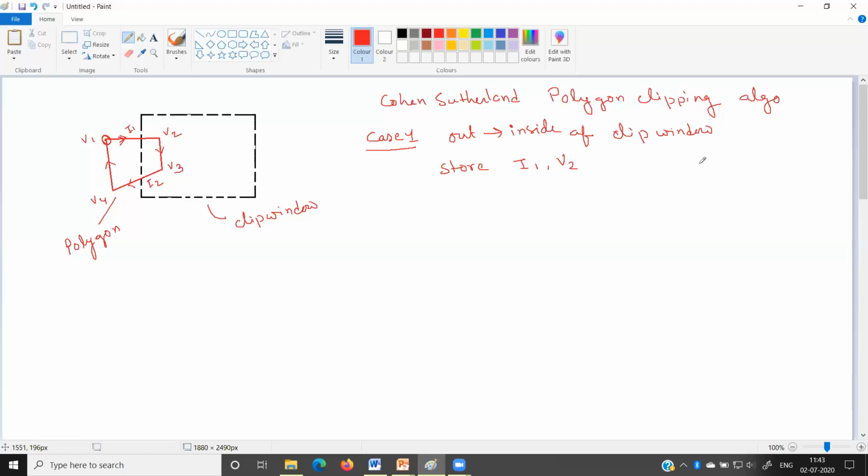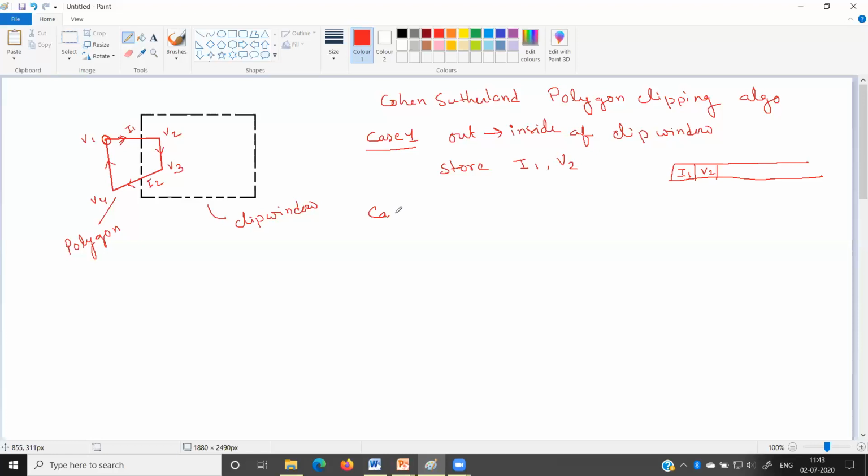That means we have a storage. In this storage, we will store the intersection point I1, which will come first, and then we will store the vertex V2. So this is case 1. If I move from outside to inside, we have to store the intersection point, then the point which is inside the clip window. That means the second point.